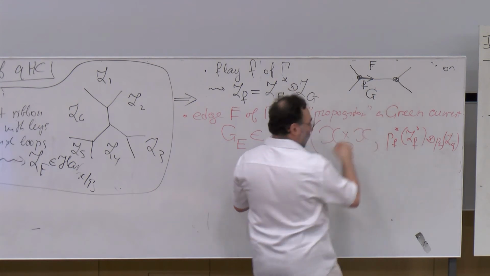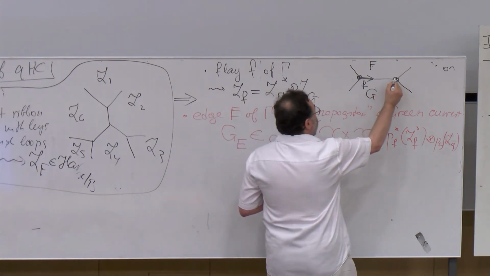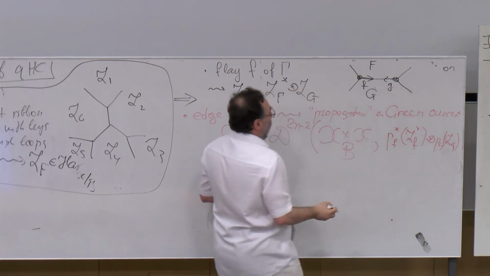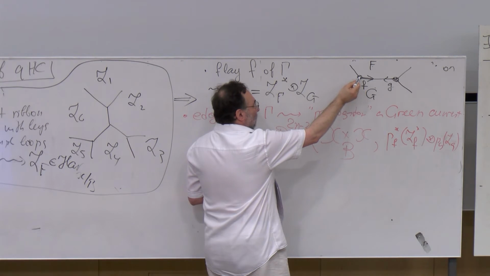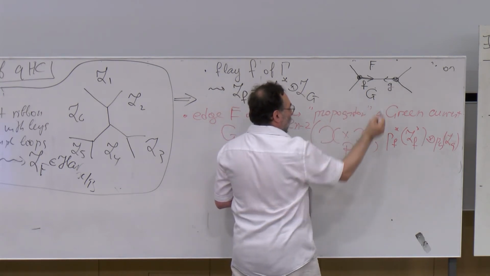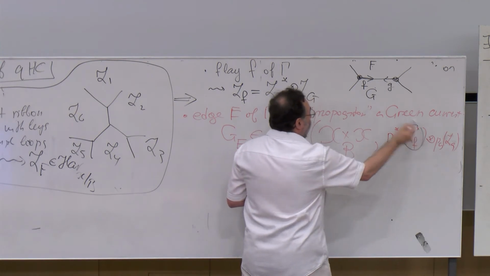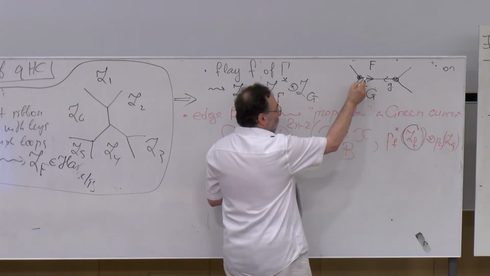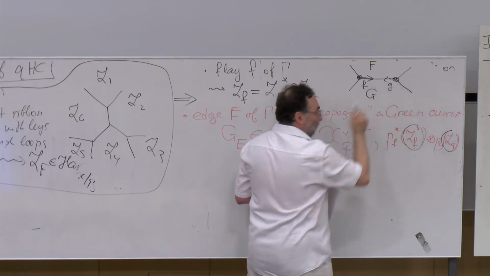Who is F and G? So when you have H, you have flag F and flag G, okay? And so you have projection to the copy of X which sits here and the copy of X which sits here. These are my projections. So you take this guy, which sits over this edge, and you pull it here, and take this guy, which lives over this flag, and you put it here.